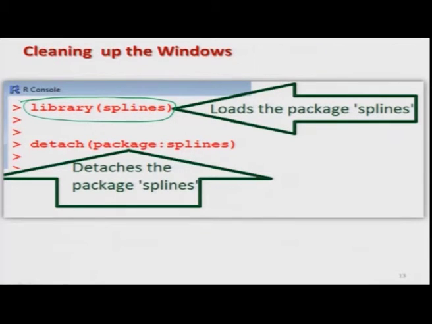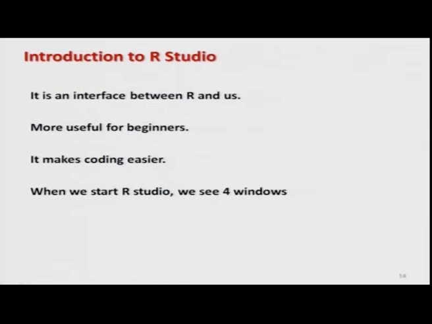So, the best option is that you simply write detach, package, with this colon sign you have to write splines. Now this command will detach the package whose name is splines. So, these are some good habits whenever you are trying to write a program.